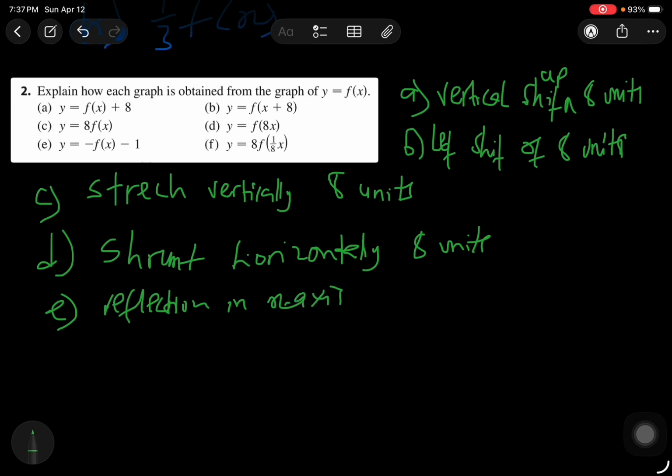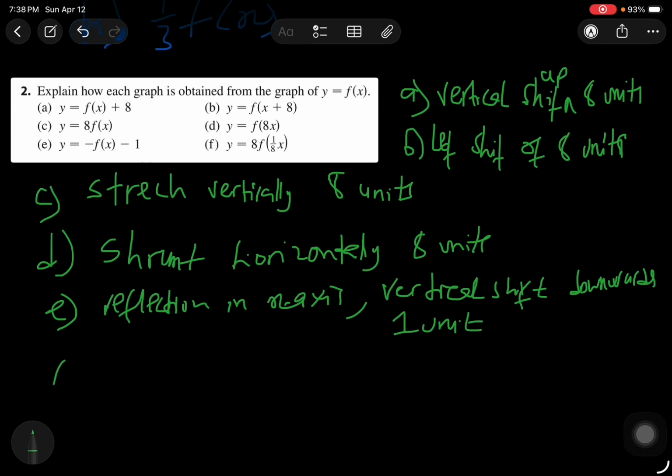Then there's a minus 1, meaning that it has come down 1 unit downwards. Reflection in the x-axis, then vertical shift downwards by 1 unit.